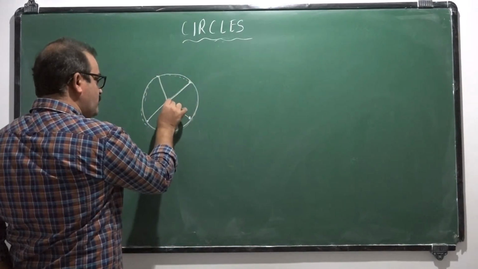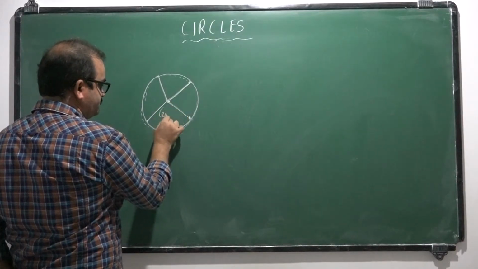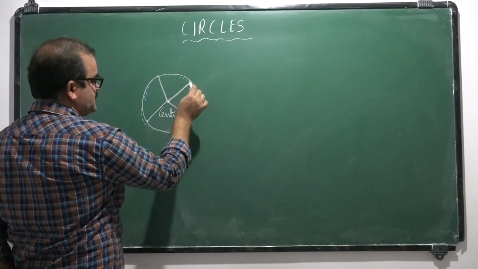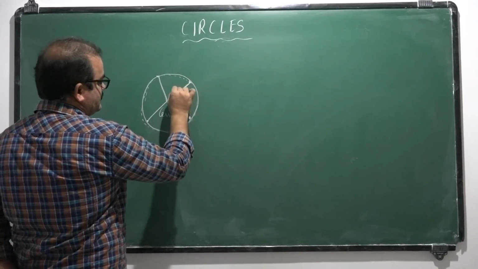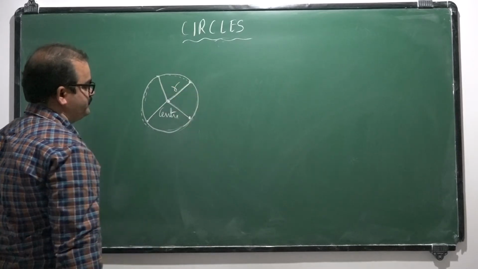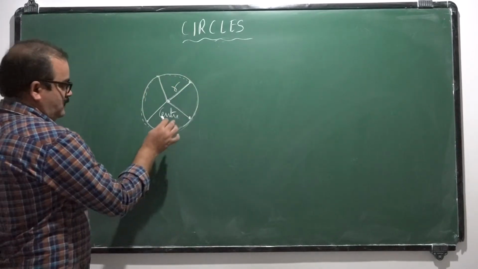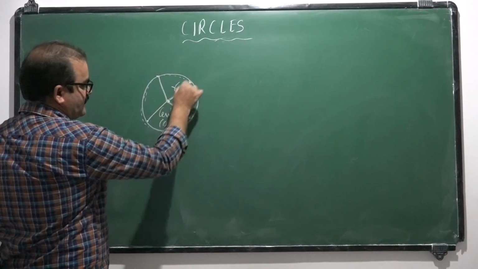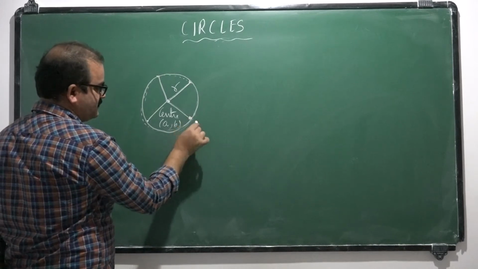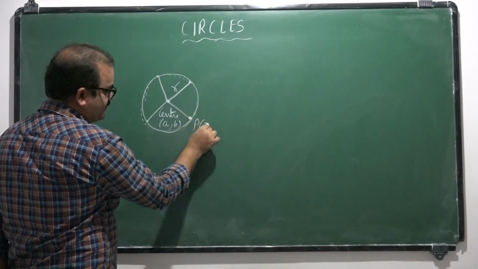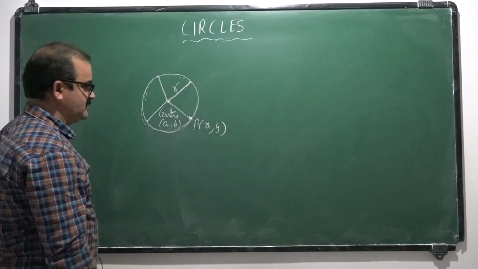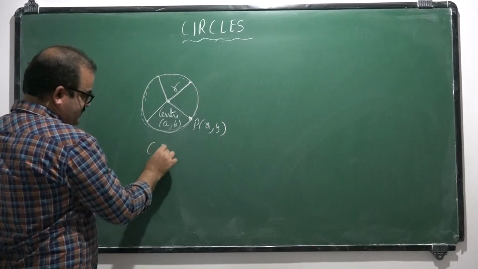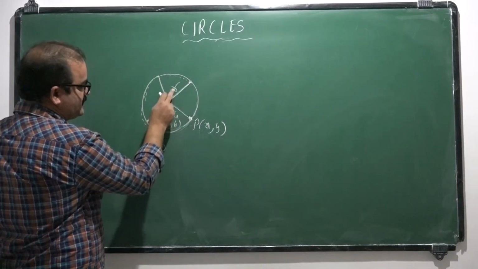This fixed point is called the center, and this constant distance is called the radius, and it is denoted by r. If (a, b) is the center and r is the radius, take any point P(x, y) on the circle. Now the distance between center and this point is equal to r.